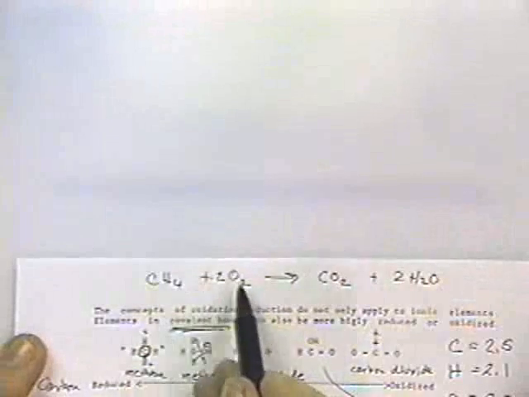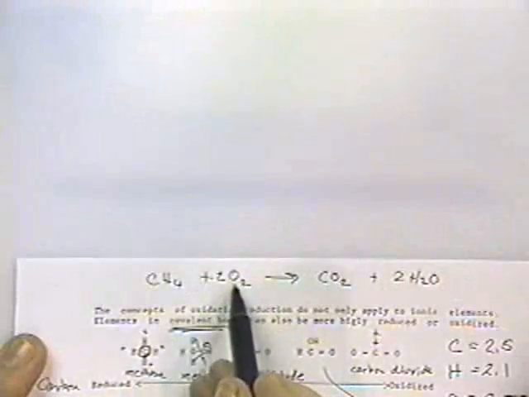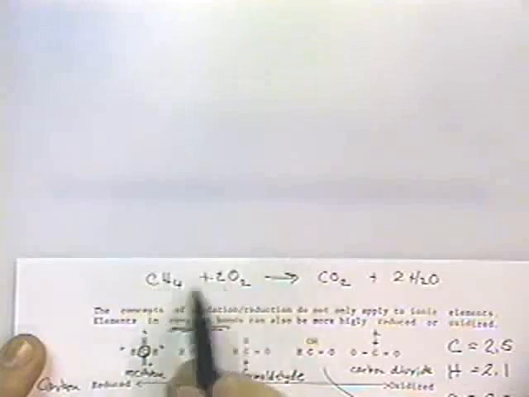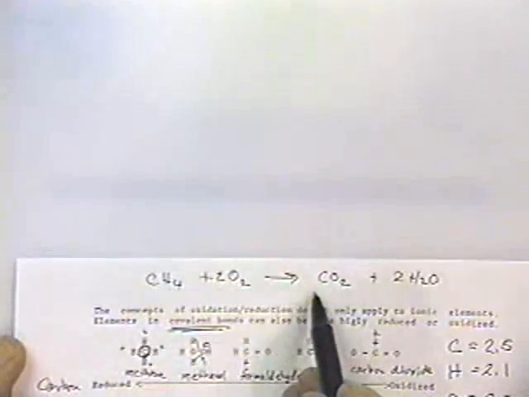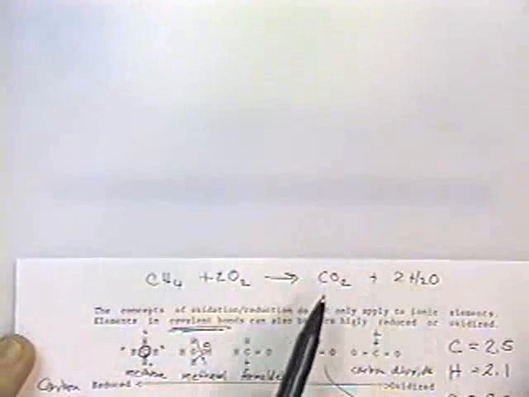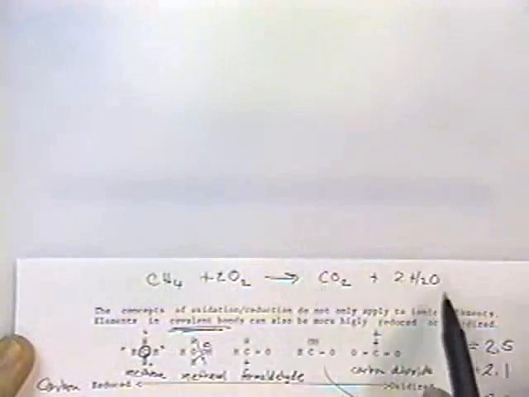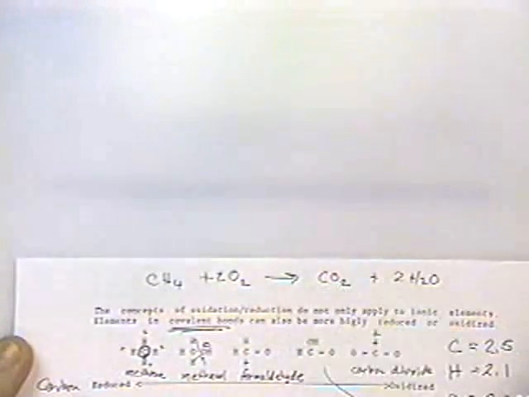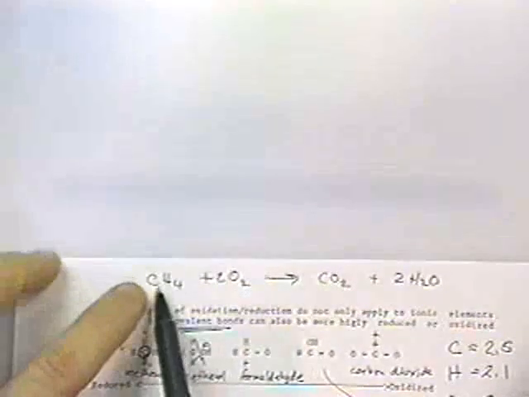What's happening is the oxygen is the oxidizing agent and the methane is the reducing agent, and in the process of this reaction the carbon became oxidized, that is, it lost its electrons, and the oxygen became reduced, that is, it gained its electrons. Now, if we were to start with methane and react with oxygen, you can see that there's a big difference. We're going all the way from the left, all the way to the right, so there's a lot of energy that comes out of this reaction.